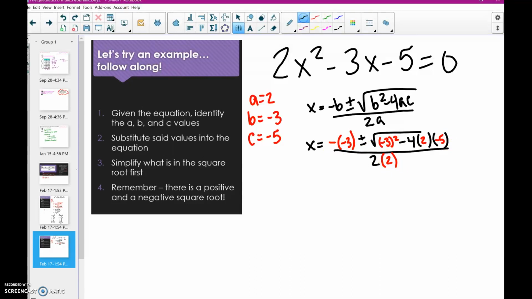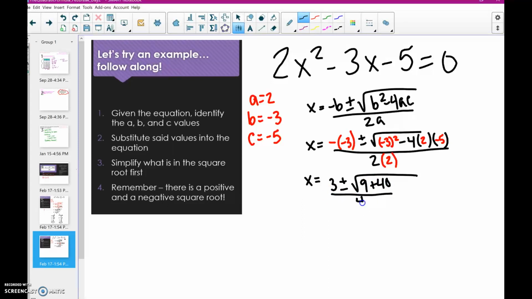Let's simplify some groups of numbers here. -3 is a +3, plus or minus the square root. -3 squared is 9. -5 times 2 is -10. Times 4 is -40. But we're subtracting a -40, which is the same thing as adding 40.